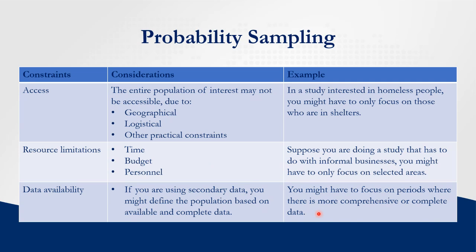So there are issues of quality for that period. So you might now have to change your study to say, I'm going to look at these years because these are the years where this secondary data is more reliable. Yeah, so you'll maybe focus on certain periods. So these are things that you need to consider.